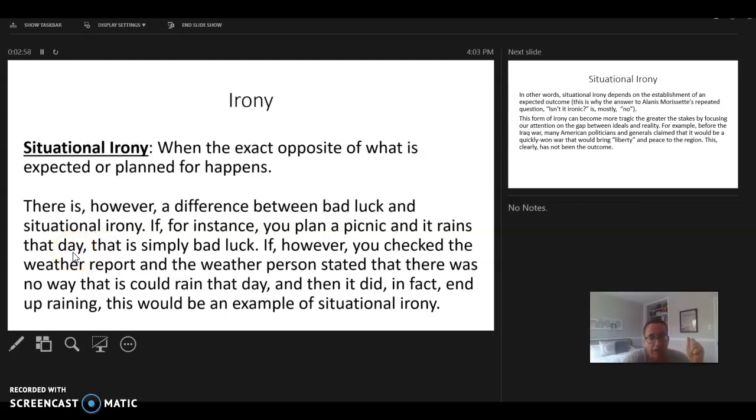That's just bad luck. But as I note here, if you check the weather report and you did all this homework to find the one day that you thought it was not going to rain and you planned everything around that, and then it did rain, then you're getting into situational irony, right? Because you're building it up to the point where it gets more ironic. I guess you could call it ironic a little bit if you plan a picnic and it rains that day, but it's a very weak form of that, right?